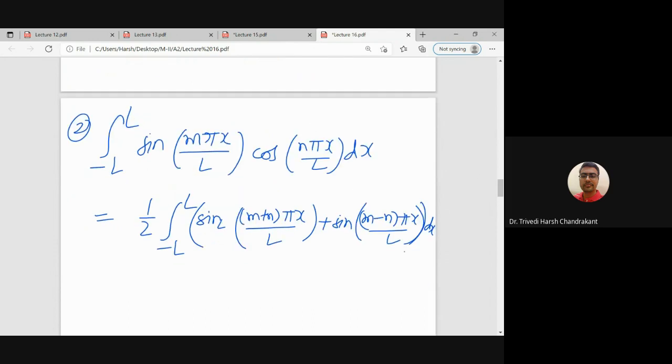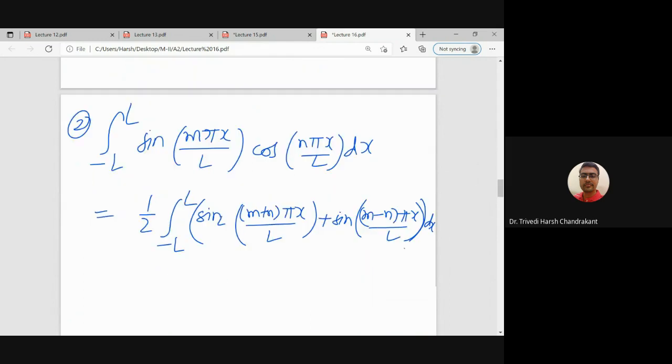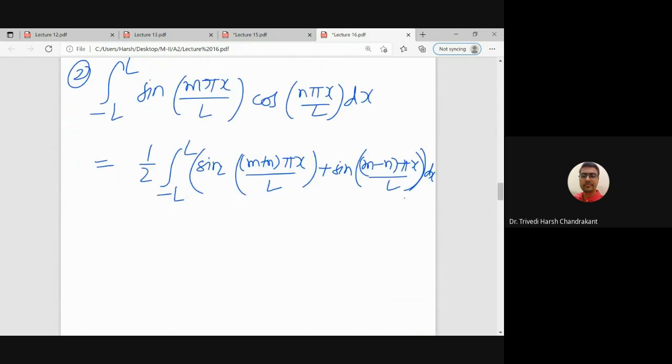Then if we integrate and substitute the limits, essentially we get both the integrals to be 0. So this integral is always 0.